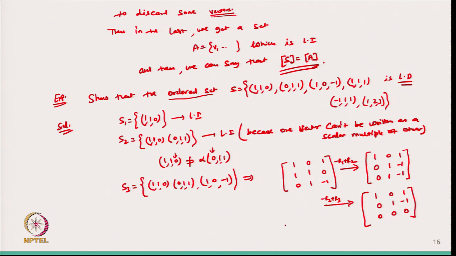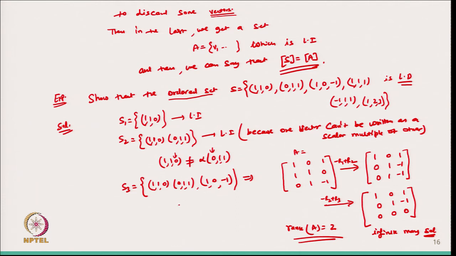So, from here I can say that the rank of this matrix, whatever the matrix is there, I just call it the A matrix, is 2. So, infinitely many solutions.